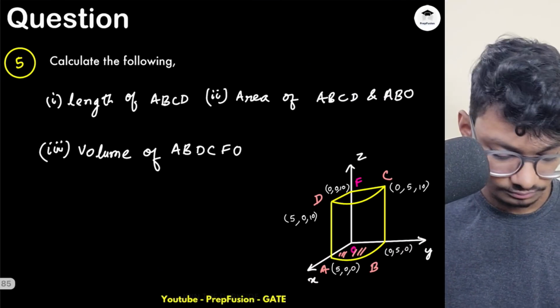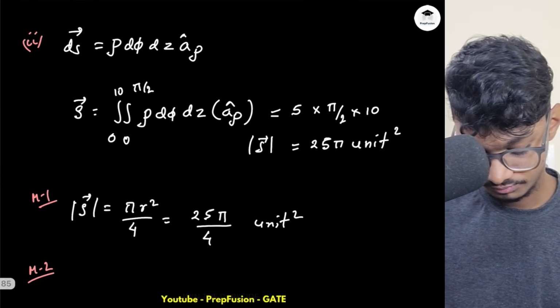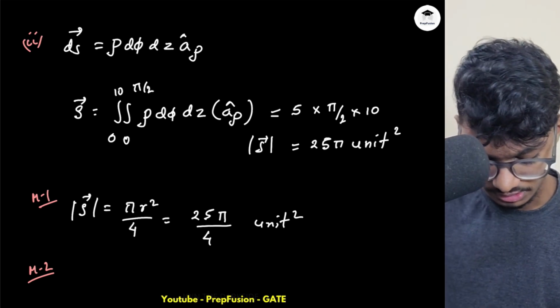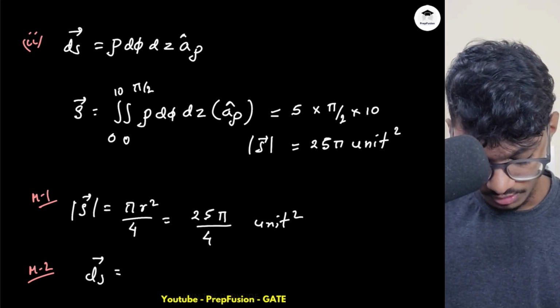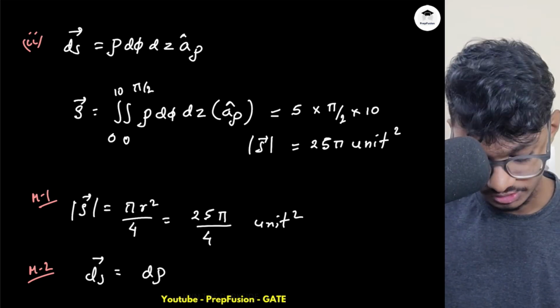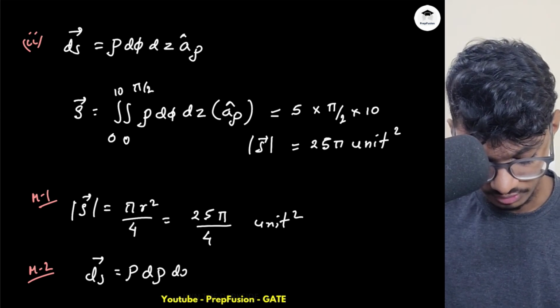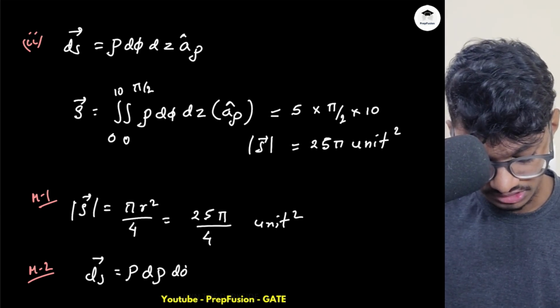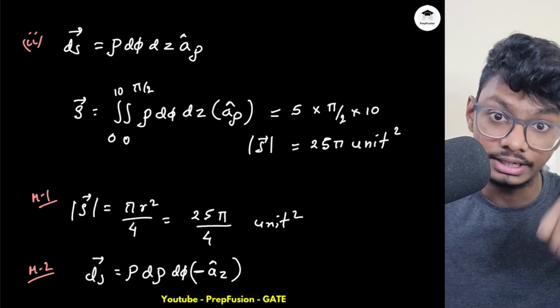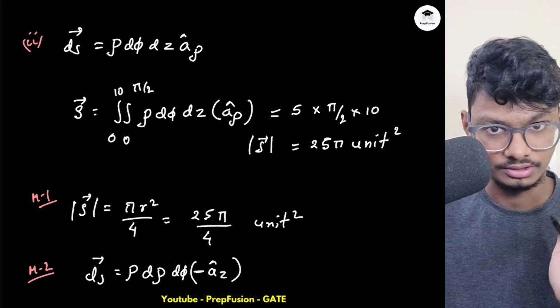So this time my surface vector ds will be d rho and rho d phi. Then the direction is minus az cap, in the negative direction of az. That you have to take care of.